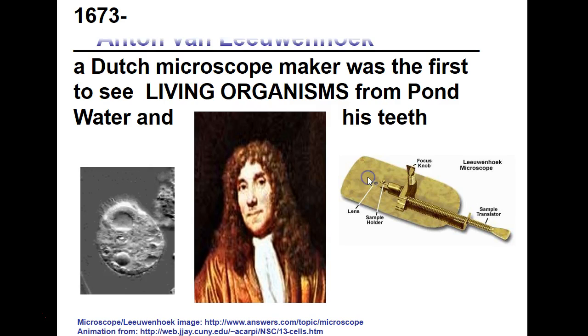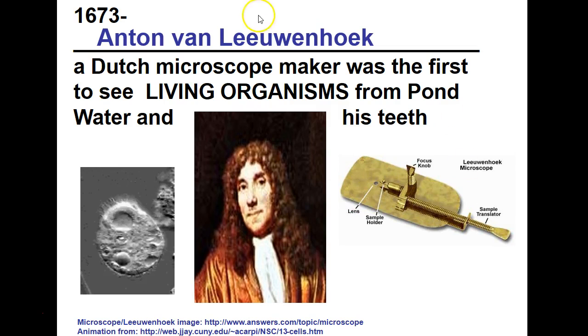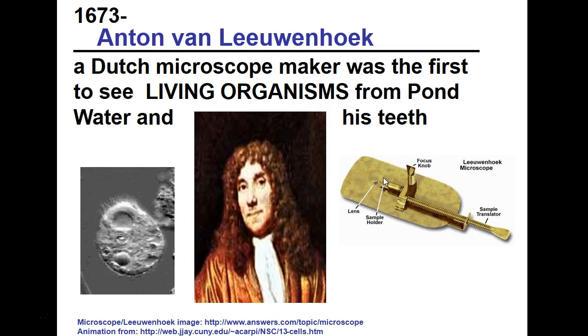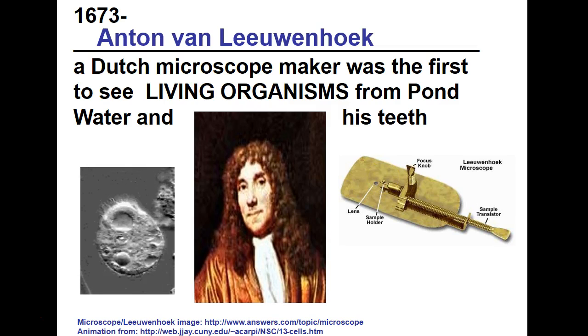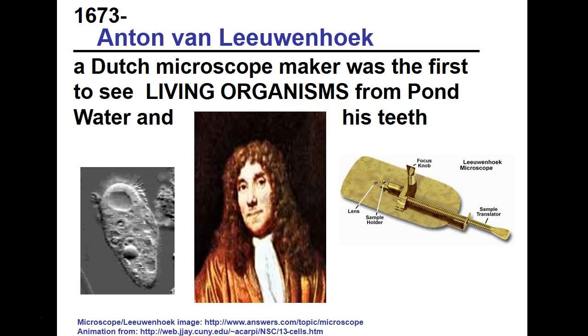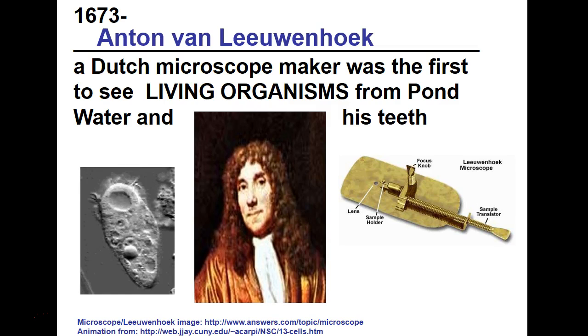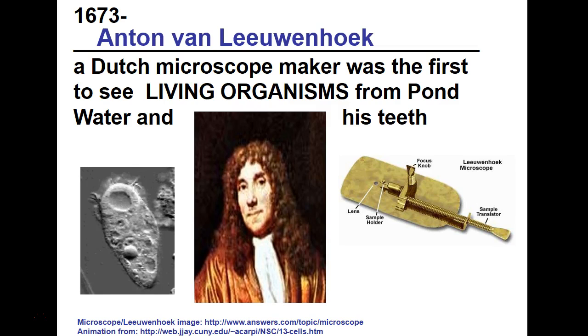So this guy, Anton, he looked at stuff. He put a little bit of pond water right there, and he would look at pond water. Then he would scrape the stuff off his teeth. This is 1673, so dental hygiene wasn't a main priority.